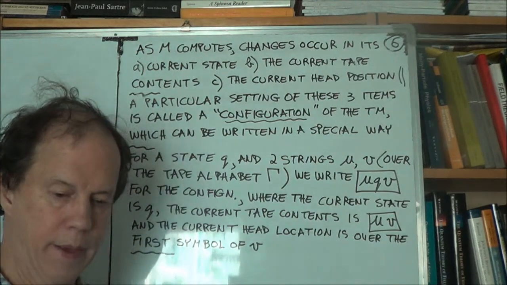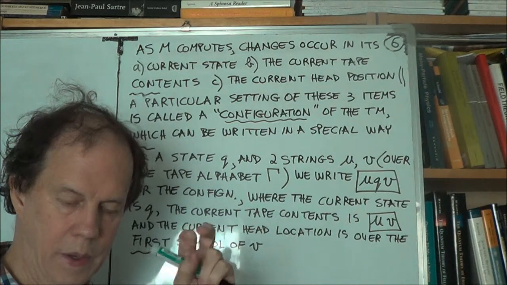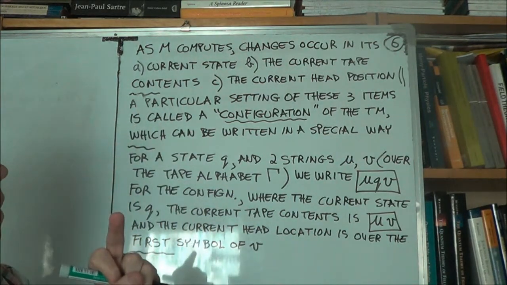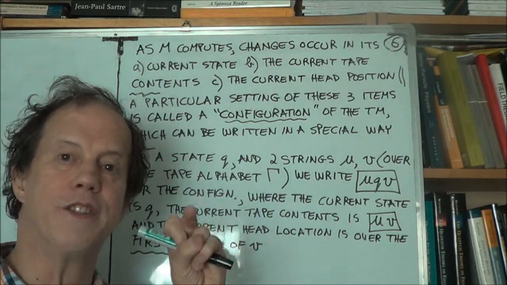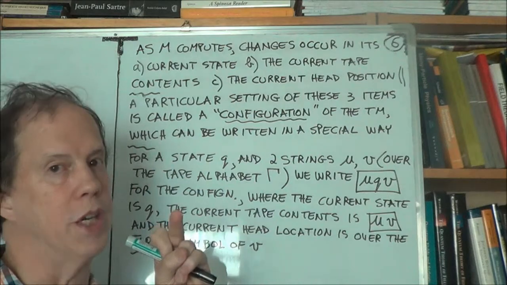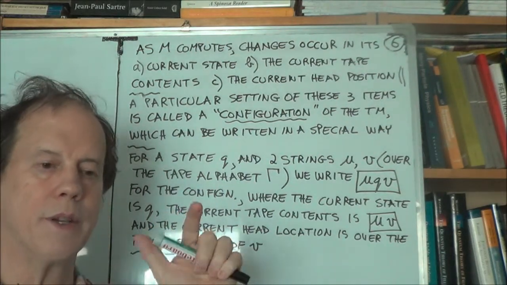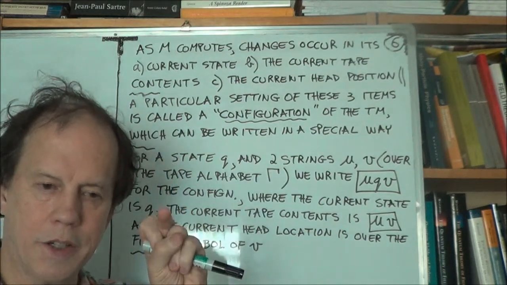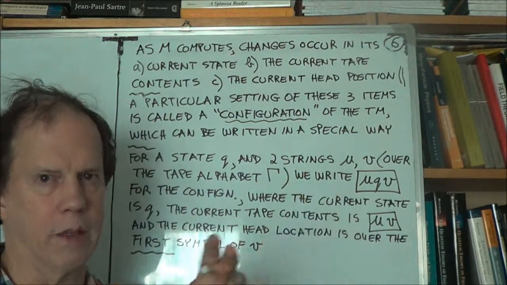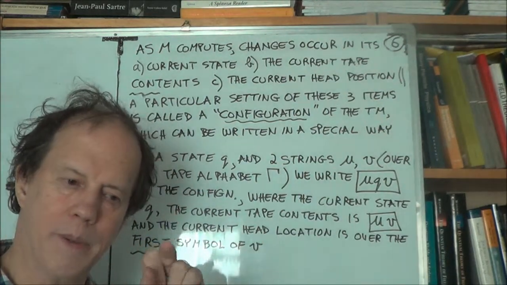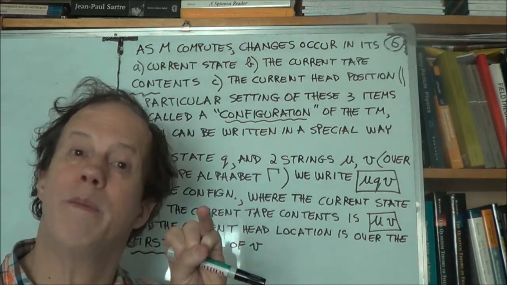One, the current state. What else? The current contents on the tape, because that will change from step to step, of course, because it's getting written on all the time. So the current state, the current contents on the tape, the whole tape. Well, forget the blanks, but the whole tape. And the third thing is the current head position.